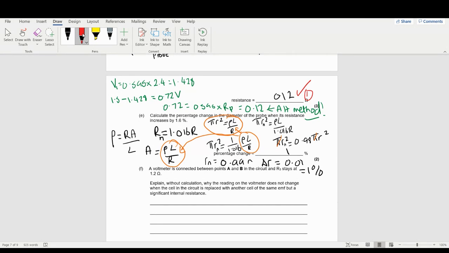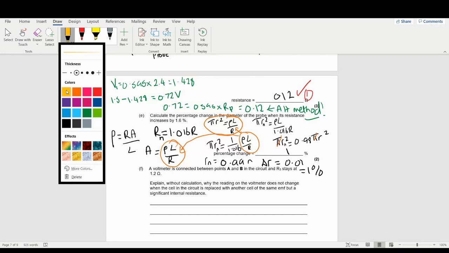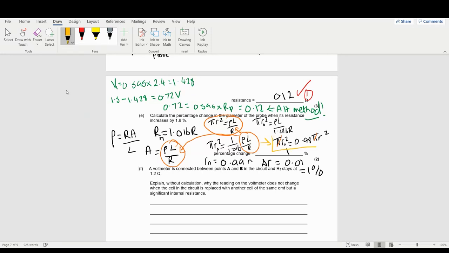So I know the area can be rearranged as area equals rho L over R. So I know that traditionally pi r squared is rho L over R. I know the new radius is going to be pi r new squared equals rho L over 1.016 R. And of course, I know that this section here, this rho L over R, is actually my old area. So I'm inputting that information and I ended up with this formula here. So this is the formula I'm ending up with, which is actually probably one of the most important formulas that we're using here.